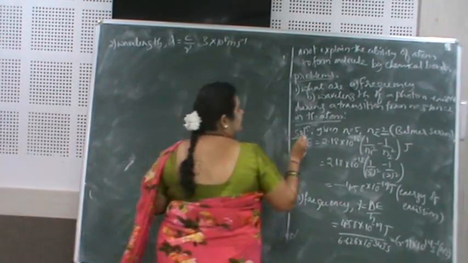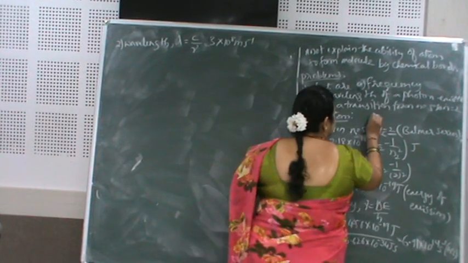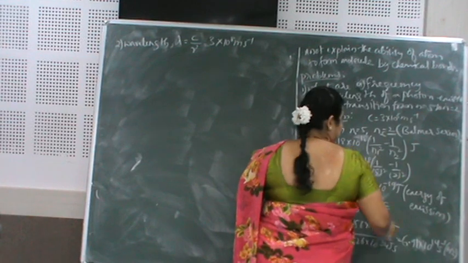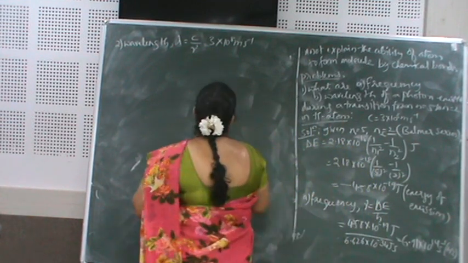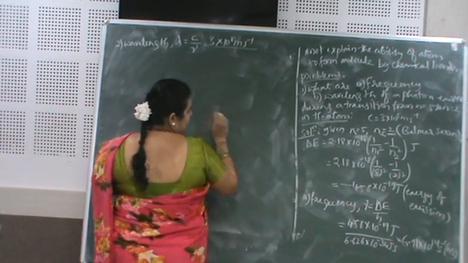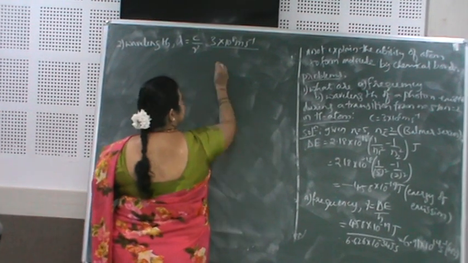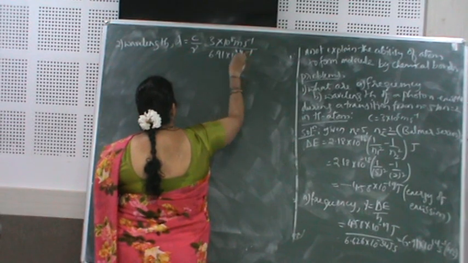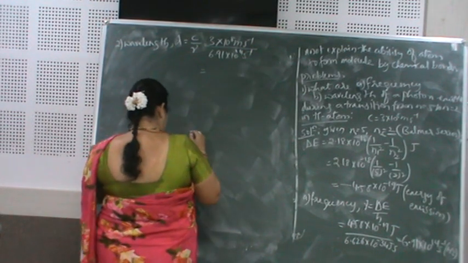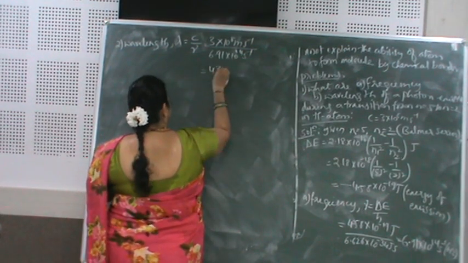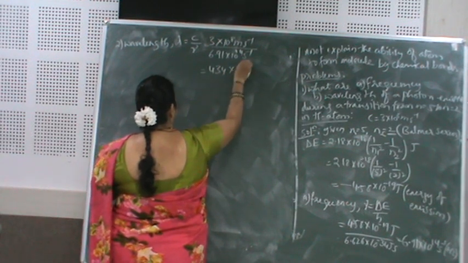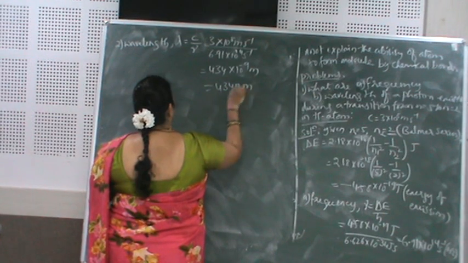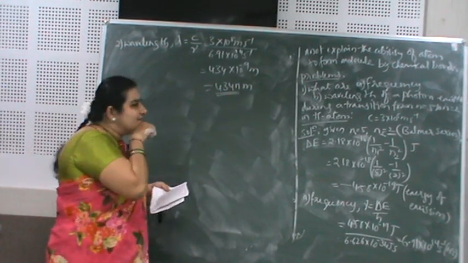Divided by nu, which is 6.91 into 10 raised to 14 second raised to minus 1. So the total value will be 434 into 10 raised to minus 9 meter, or 434 nanometer, which is the wavelength of the radiation.